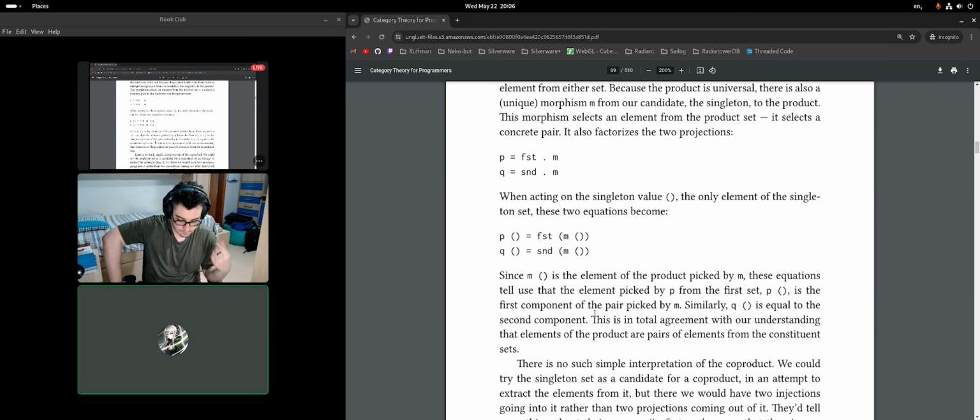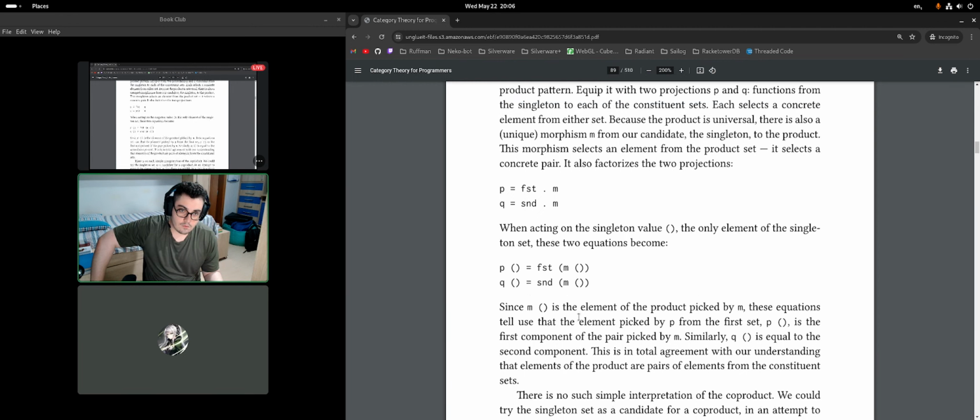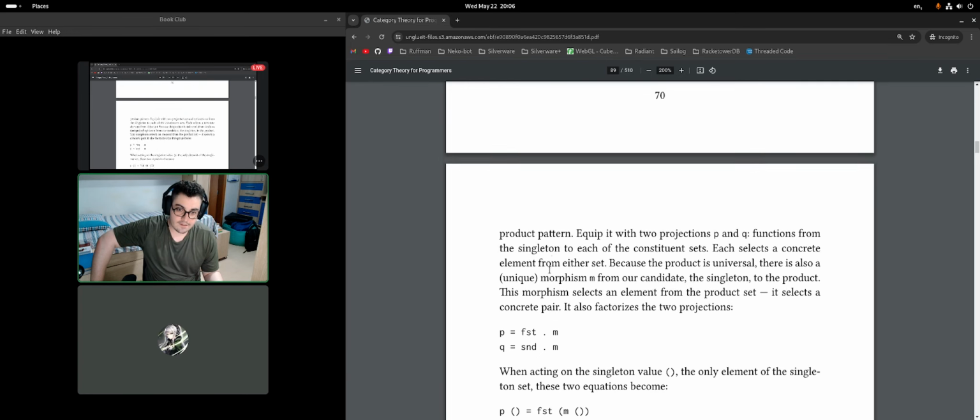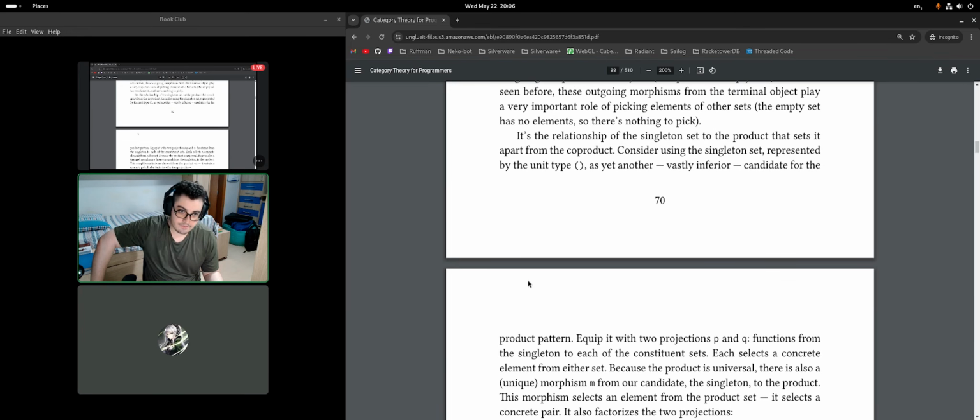He's showing why unit is worse than a pair, because unit as a product is not general. If you have a first P and Q for units, they only give you one possible value by definition, because it's a functional unit.